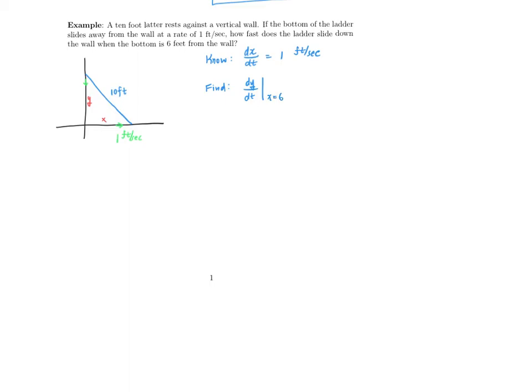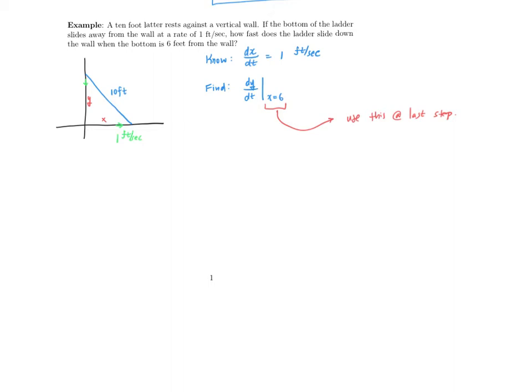A couple key things to point out. This information here, x equals 6, is going to be the last thing that we use. We are going to use this at the last step. It will be tempting to substitute that in earlier, but fight that urge, and remember, substituting in x equals 6 should really be the last thing that you do in the problem.